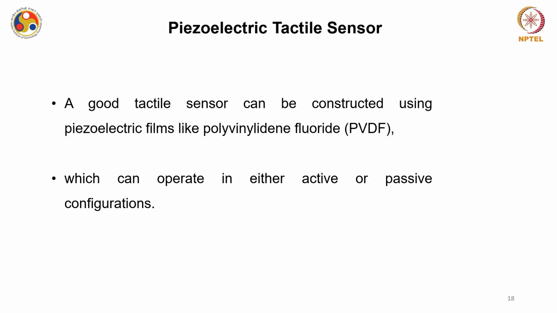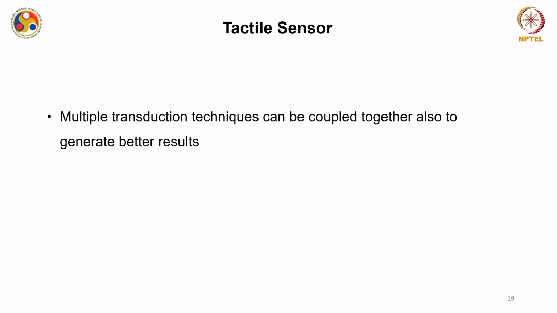The advantage of this kind of device is that they can operate in both modes, either active mode or passive mode. Multiple transduction techniques can be coupled together to generate better results. So, like in the piezoelectric device you can also have a capacitive transduction technique coupled, so that you can have multiple results.